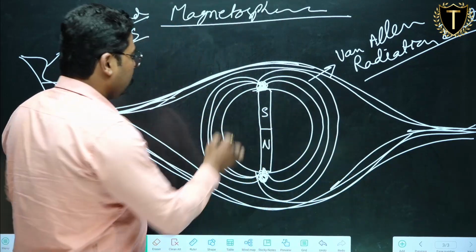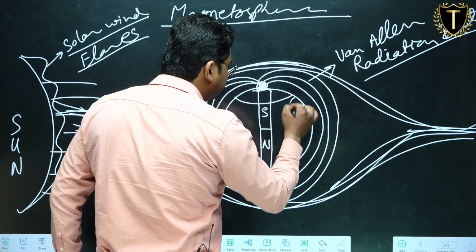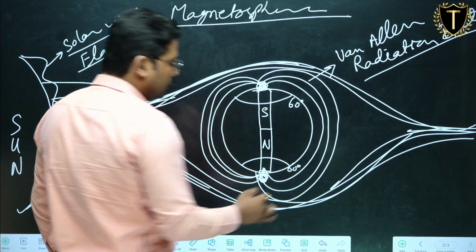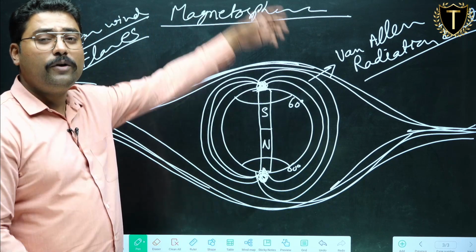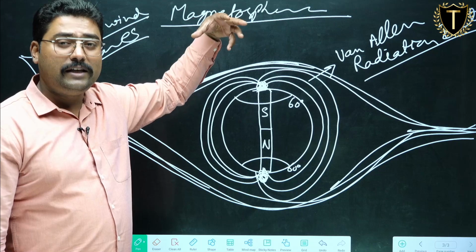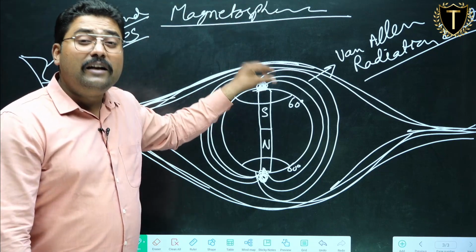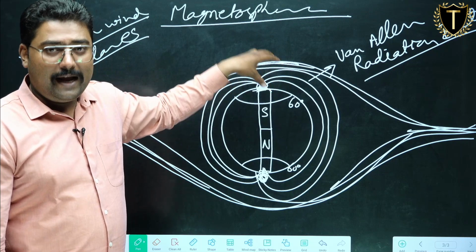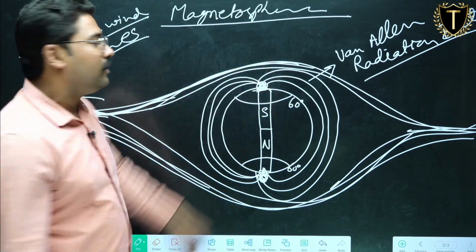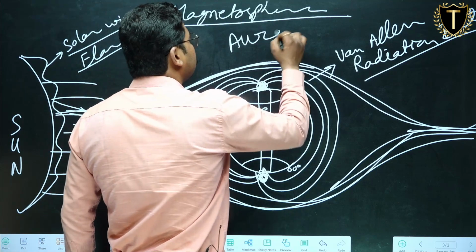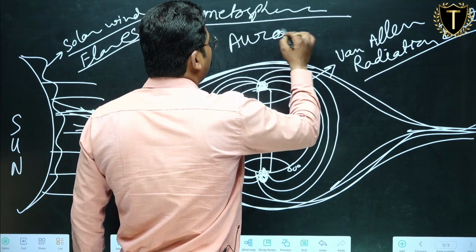And that's why in polar areas beyond 60° latitude, north and south, near about the Arctic Circle and Antarctic Circle, they glitter in the sky, and this glittering sky in the polar areas is considered as aurora.